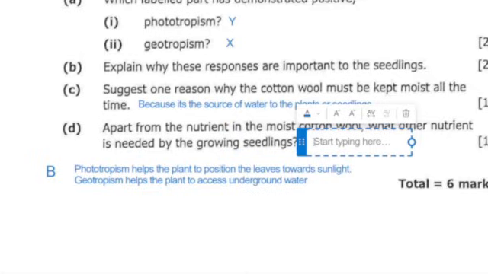So the seedlings also need nitrogen. They also need phosphorus.